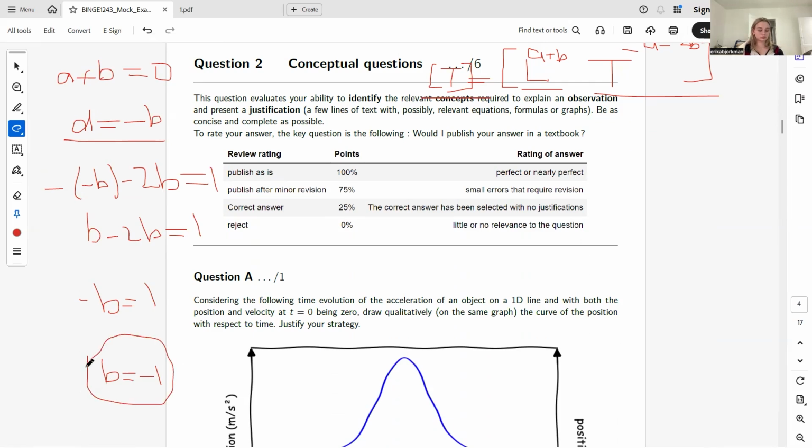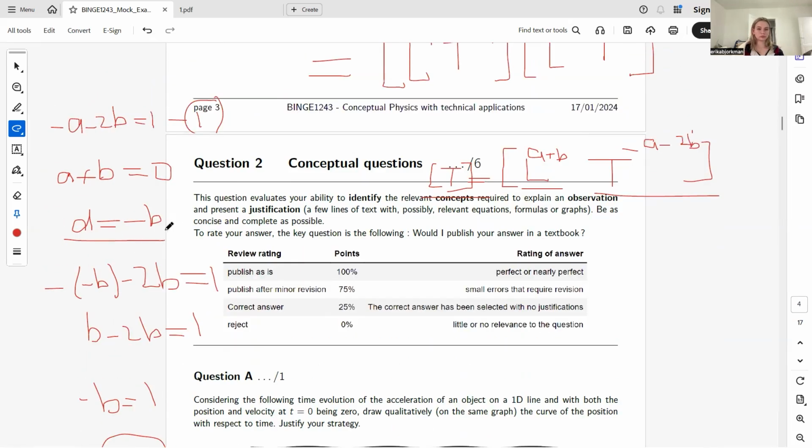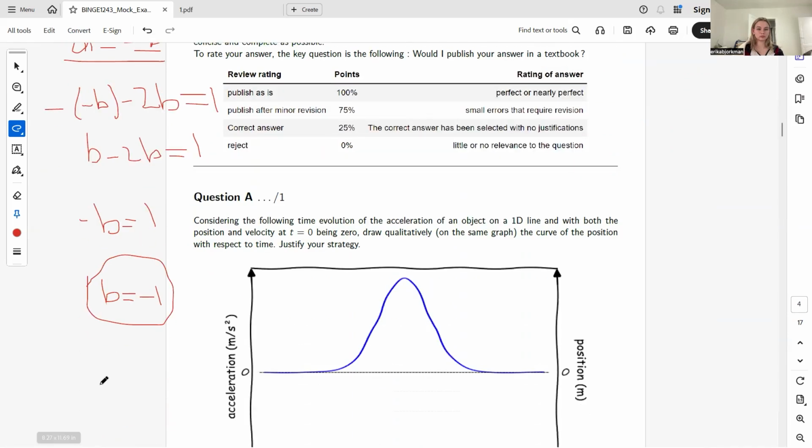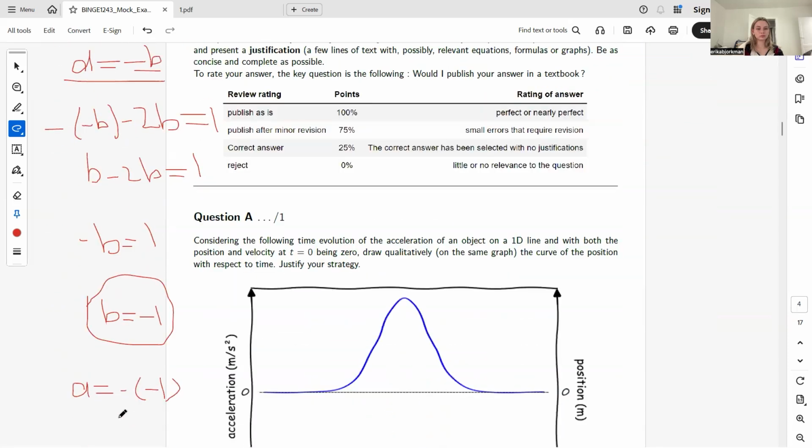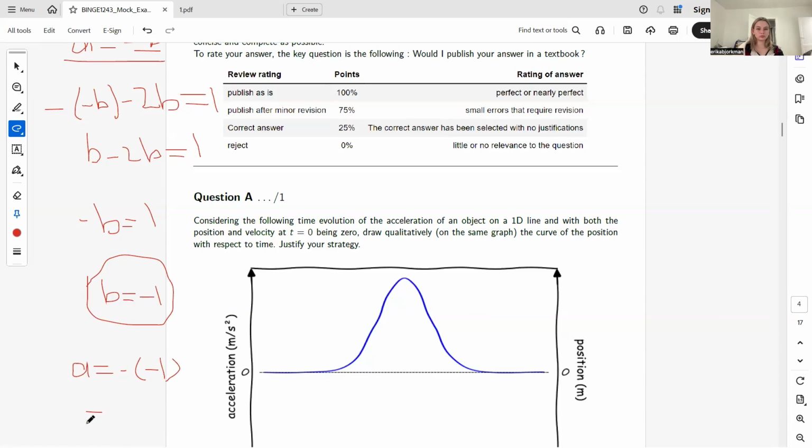And now you need to put this value of b in this equation. Then you can consider a is equal to minus into minus 1, then it will result in plus 1. So the value of a is plus 1, and the value of b is minus 1.